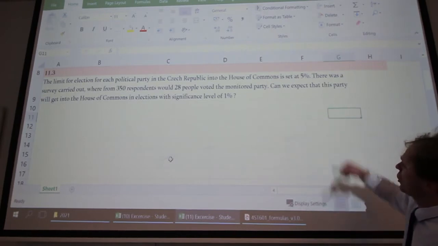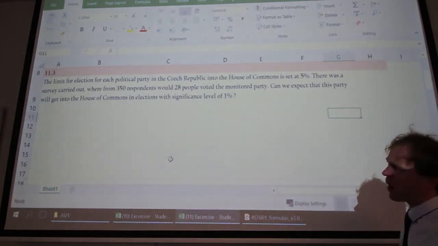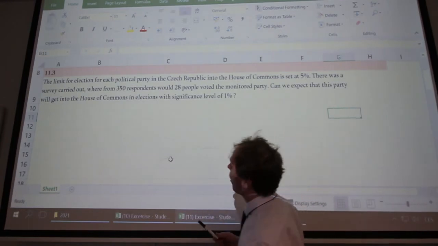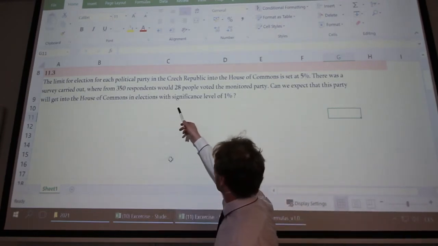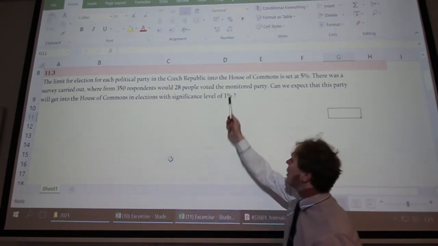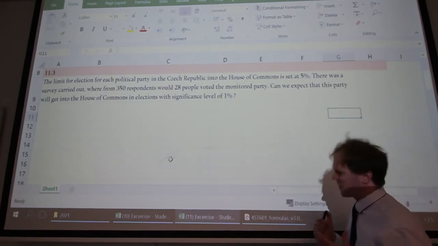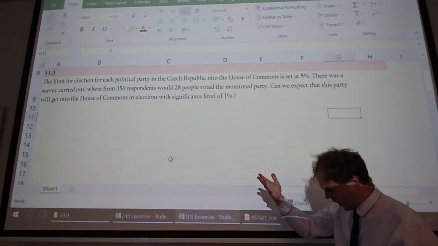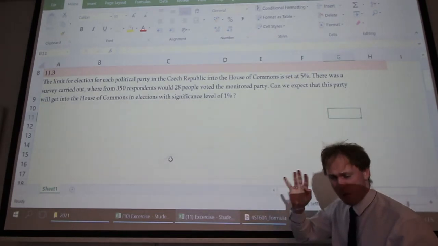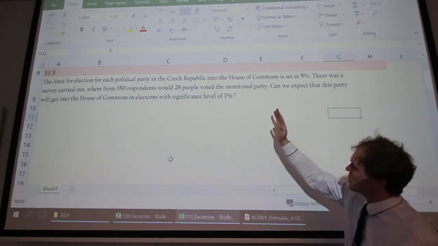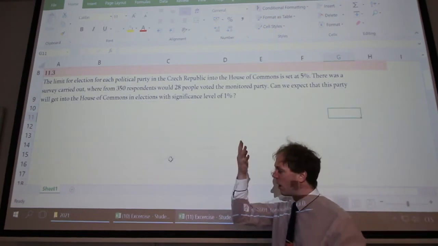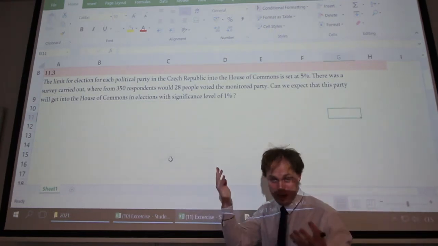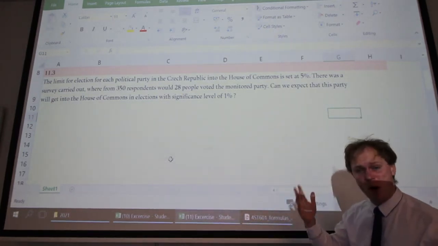And the question is, can we expect that this party will get into the House of Commons in elections with a significance level of 1%? In other words, we would like to be sure, with 99% probability, that this political party will or will not enter the House of Commons.